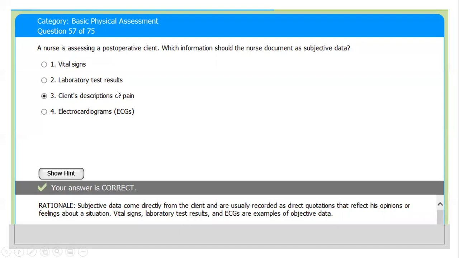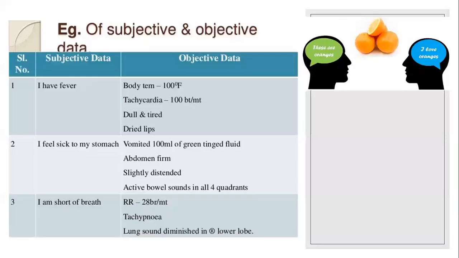It is the complaint of the patient. Rationale: subjective data comes directly from the client, is usually recorded as direct quotes that reflect his opinion or feelings about a situation. Vital signs, laboratory test results, or EKG are examples of objective data.